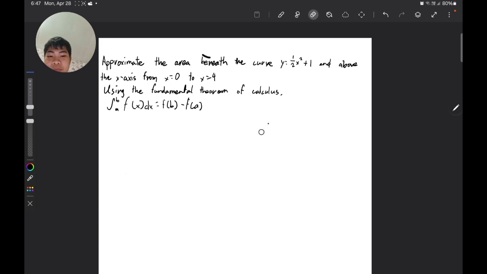To solve, we must first antiderive the following function.